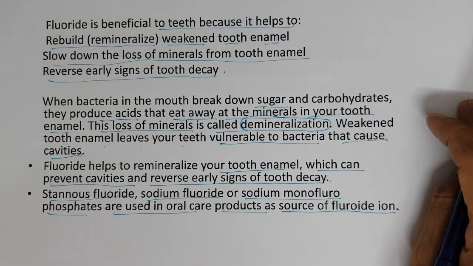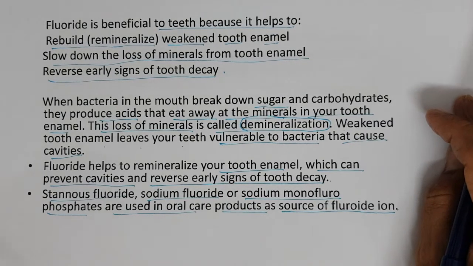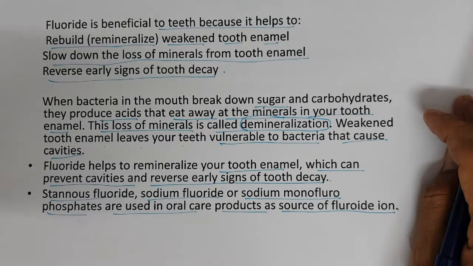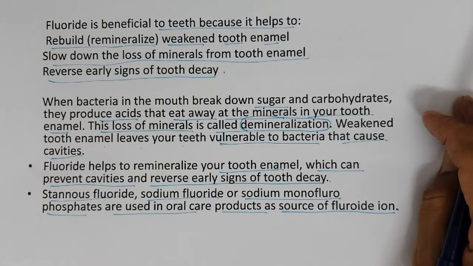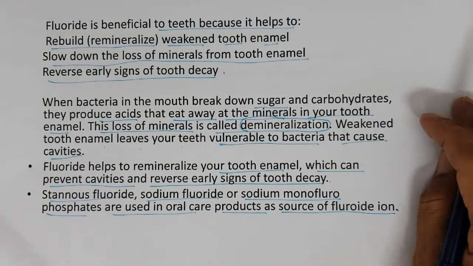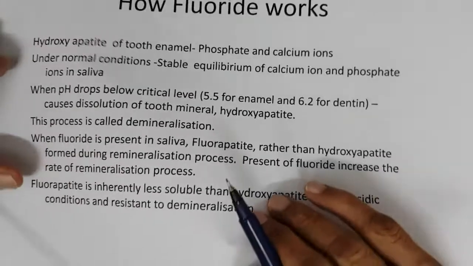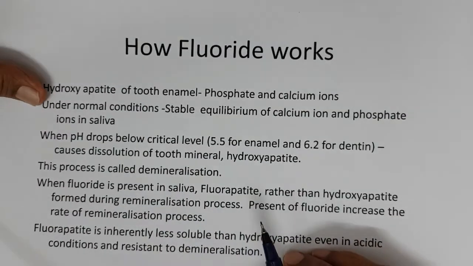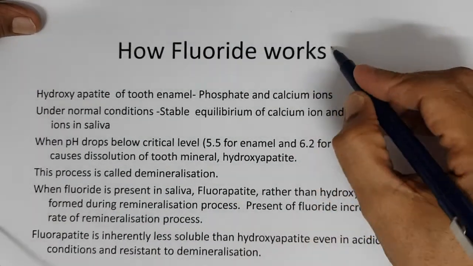We know hydroxyapatite remineralizes, because the tooth is made up of hydroxyapatite, so it is logical to say that hydroxyapatite remineralizes. But how does fluoride help to remineralize the teeth? How does fluoride work?